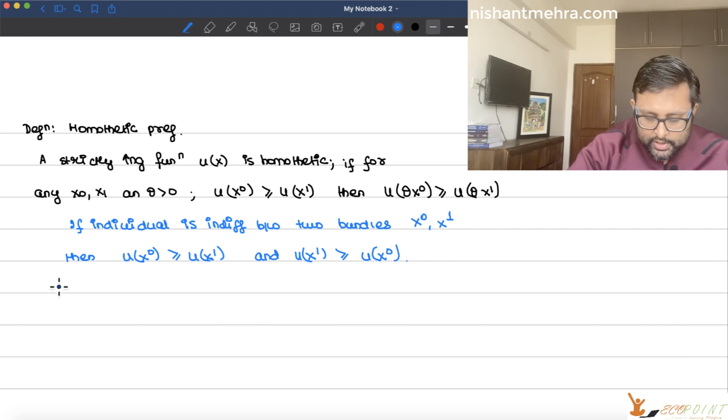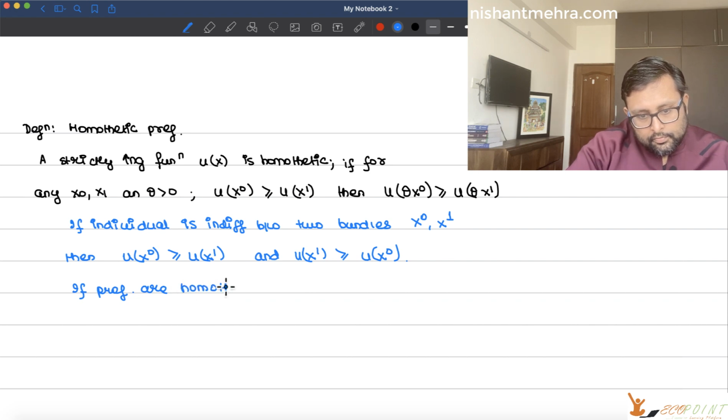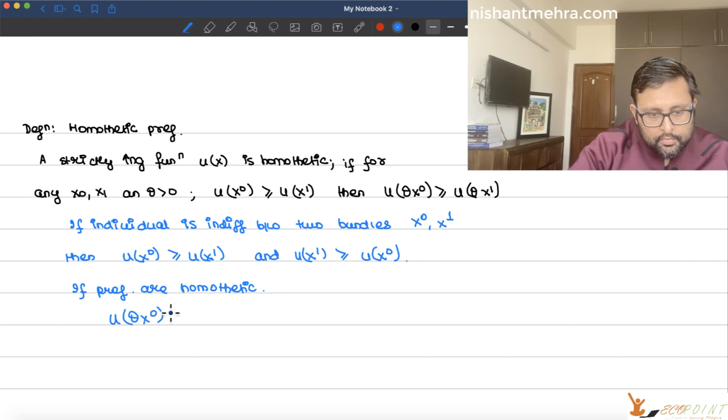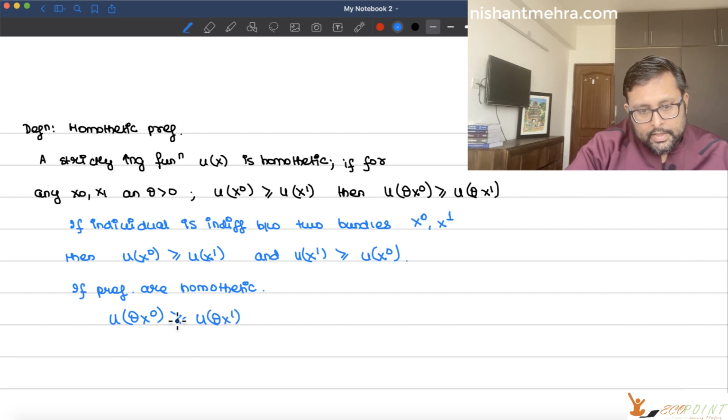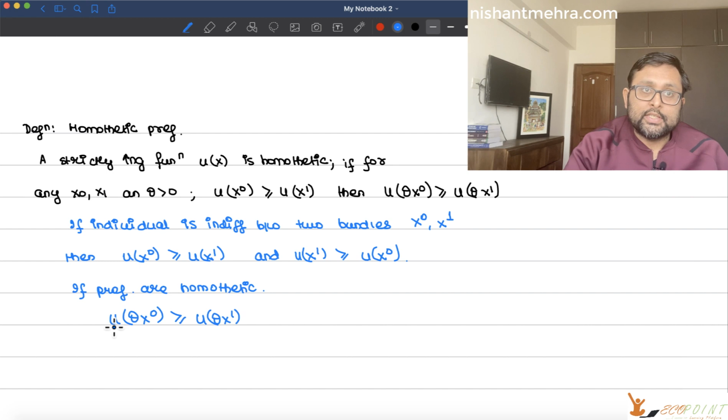Well, if preferences are homothetic, you can say u of theta x0 is greater than or equal to u of theta x1. That's what you've just said. If preferences are homothetic, if you prefer x0 to x1, then you also prefer theta x0 to theta x1 for theta greater than 0.